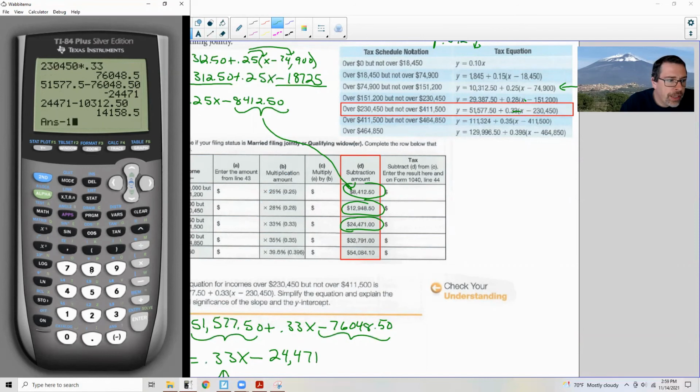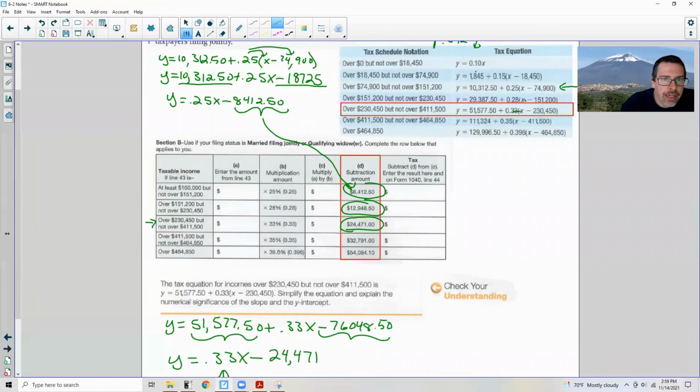Subtract the $1,845, and that's going to get me down to $12,313. And these are the tax amounts that are figured in that's already been taxed. So 10% of 18,450 is $1,845.